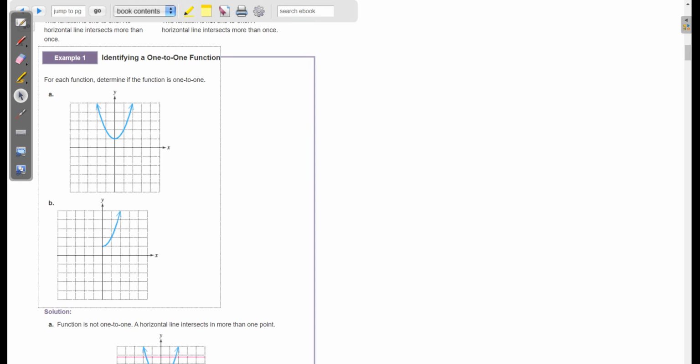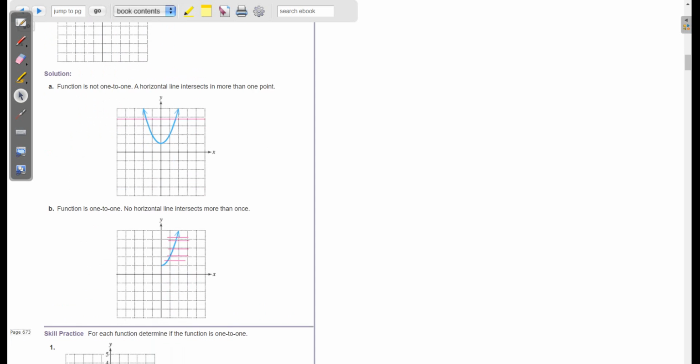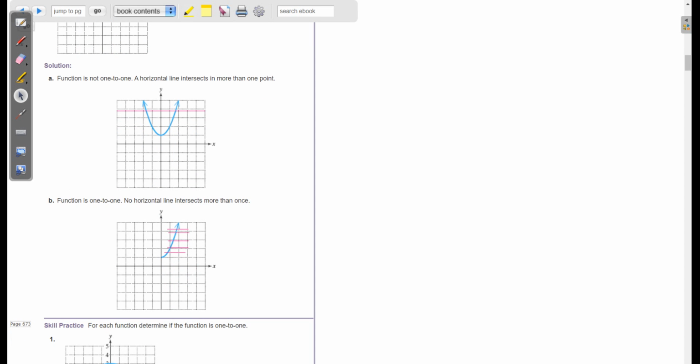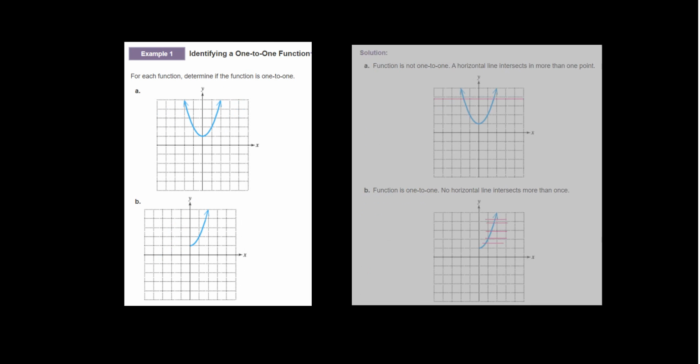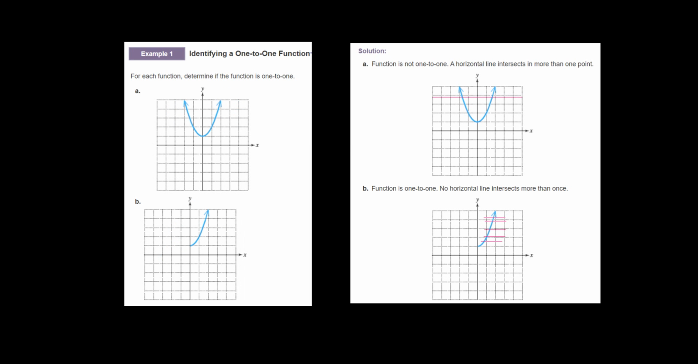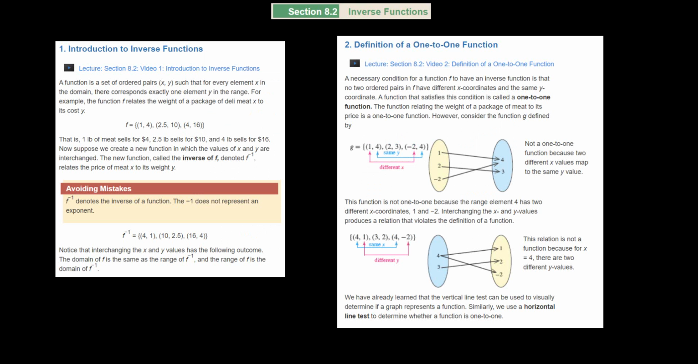Actually, I think it's best if I also snip the solutions here, that way we can actually see the horizontal lines that we're making. All right, so we got a lot of snipping done there, and that's the lecture.